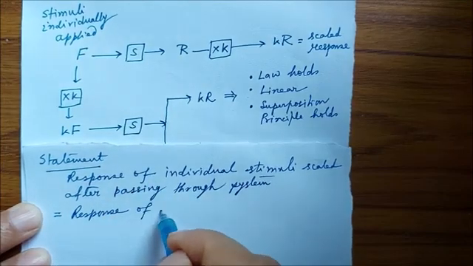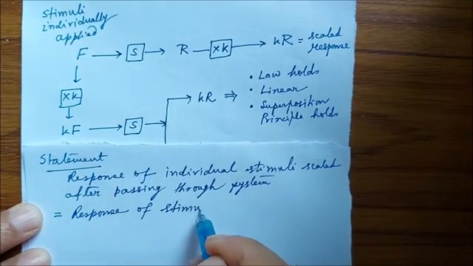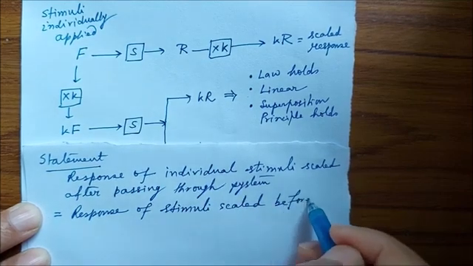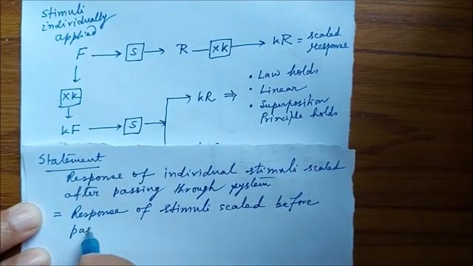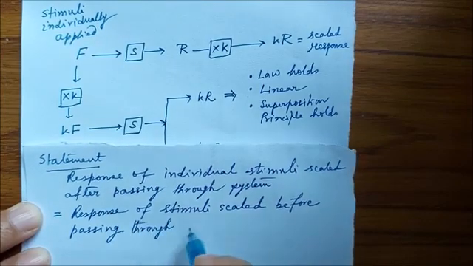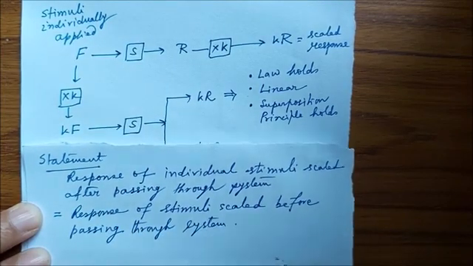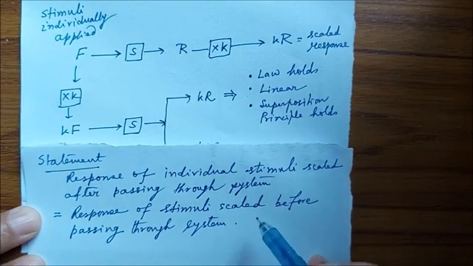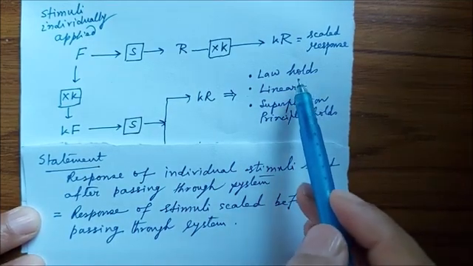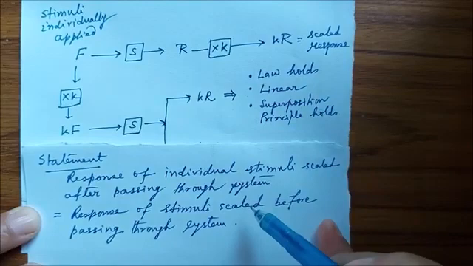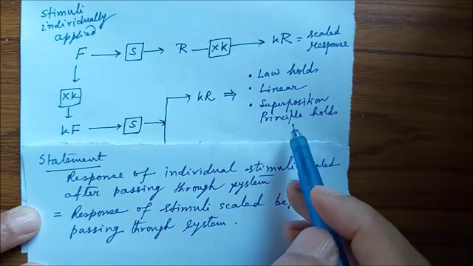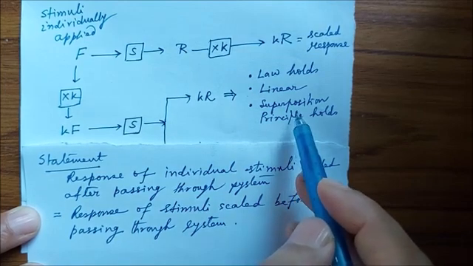So it is the response of stimuli, that is the force, scaled before being introduced into the system. And this is the requirement for the law of homogeneity or the law of scaling to hold. This is the requirement for the system to be linear. This is the requirement for validity of the principle of linear superposition.